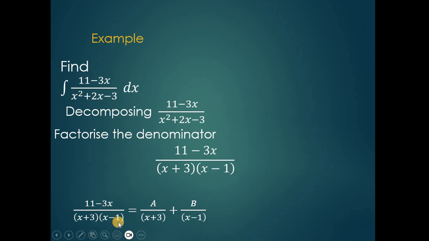So to express this algebraic fraction into partial fractions, we have seen previously that for a denominator with linear factors expression, we are going to form partial fractions of this form, that is A over x plus 3 plus B over x minus 1.